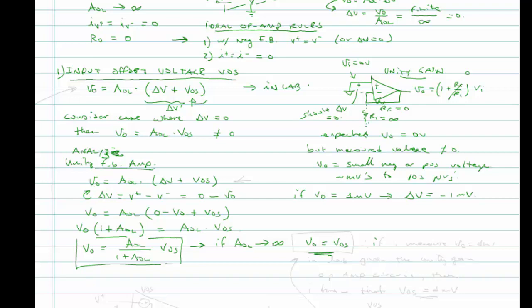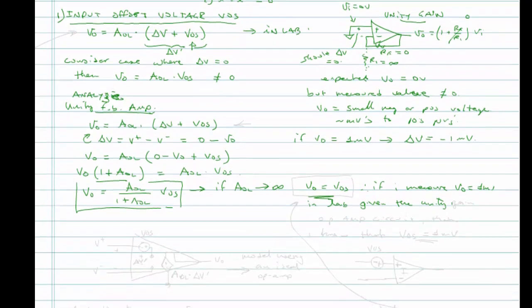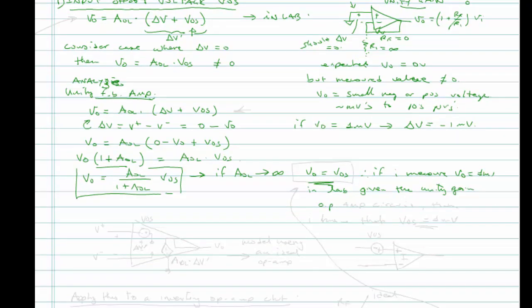So, therefore, if I measure VO to be equal to 1 millivolt in lab, given the unity gain op-amp circuit, then I know that VOS is equal to 1 millivolt.